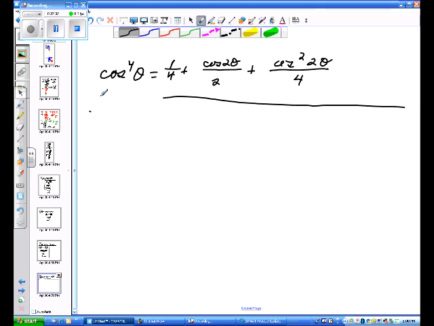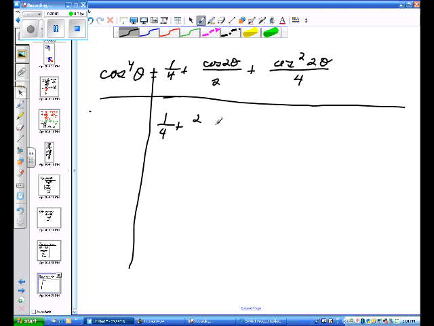So we're going to work with the right-hand side. And the first thing I'm going to do is deal with the common denominator, which is going to be 4. So we have 1/4. This one I'd have to multiply by 2, so that's going to be 2. Now, in another section, we dealt with our double angle identities. And if you remember, for cosine of twice an angle, we actually had 3 identities.